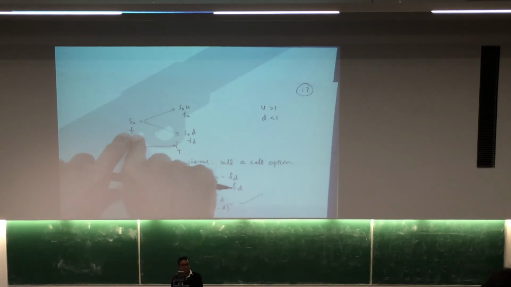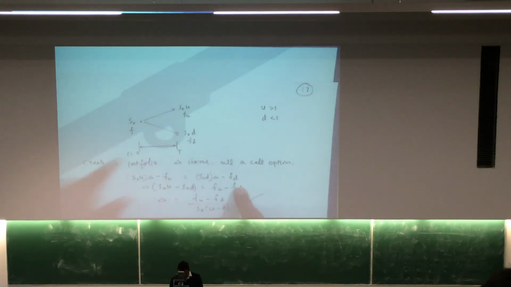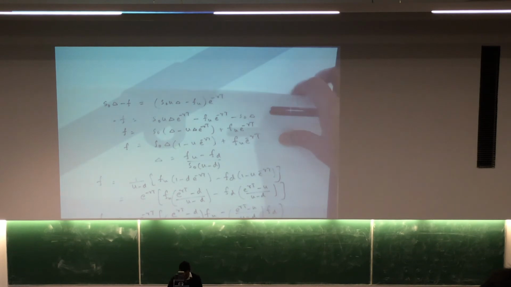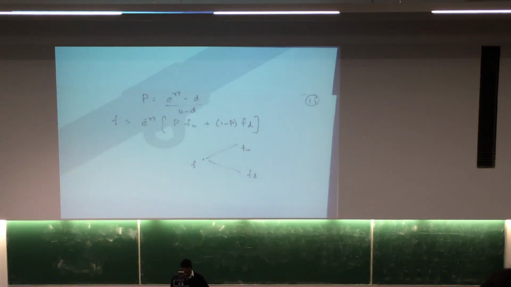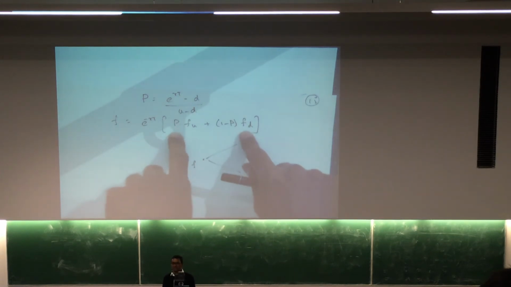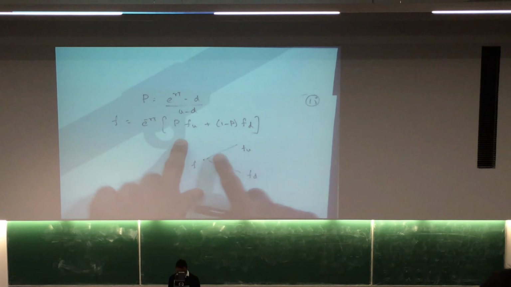The value of the option at time equals 0 is F, and this is up and down. By just using simple manipulation, you need not worry about the derivation here. What you need to remember is the value of the option at time equals 0 is according to this formula. What are the ingredients for this formula?